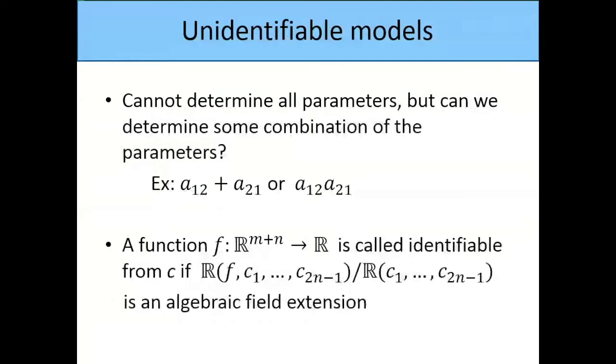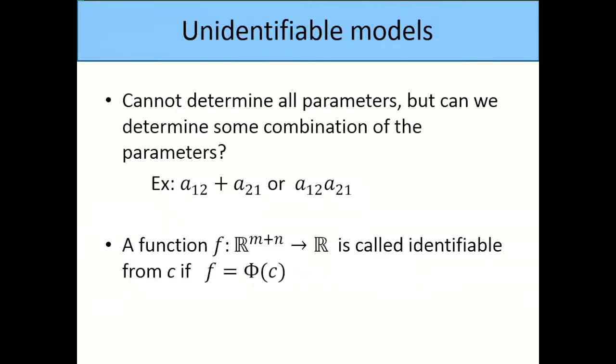We can't determine all of the parameters, but perhaps there's some combination of the parameters that we can determine, such as the sum or the product of the parameters. That leads to the notion of what we're going to call an identifiable function. We say a function f is identifiable if the field extension resulting from adjoining f to our field of rational functions in the coefficients is an algebraic field extension.